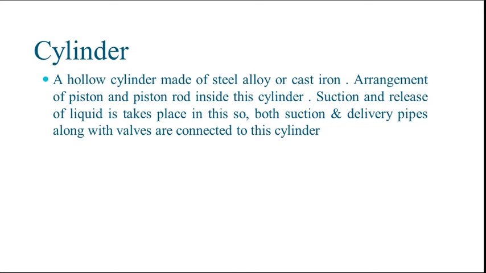A hollow cylinder made up of steel alloy or cast iron. Arrangement of the piston and piston rod inside the cylinder. Suction and release of the liquid takes place for both suction and delivery pipes. Along with the valves, these are connected to this cylinder.